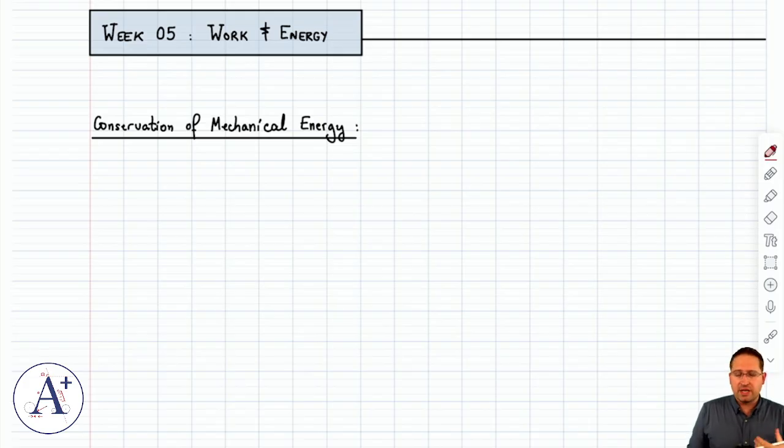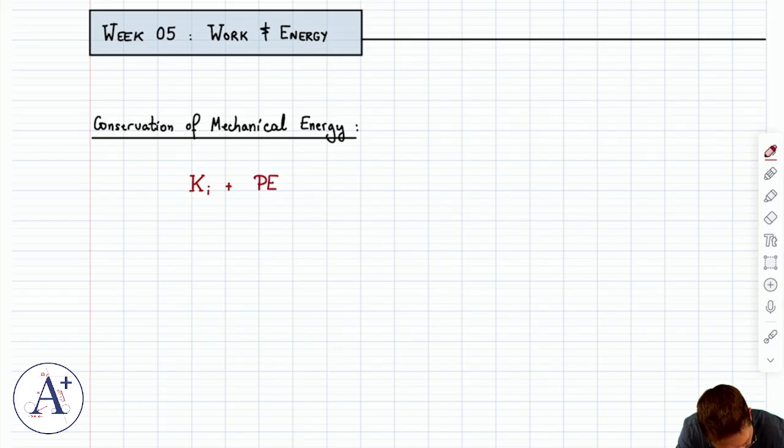Conservation of mechanical energy is something that you apply between 2 points. So between maybe the beginning of the motion and the end of the motion, for example. It doesn't have to be, it could be any 2 points of the motion. But you're going to evaluate a quantity called mechanical energy at the initial location. So that's going to be K initial, and we're going to explain all these terms, plus, now, there's a couple of ways of writing it. You might find it written like this: potential energy initial, and then K final, plus potential energy final.